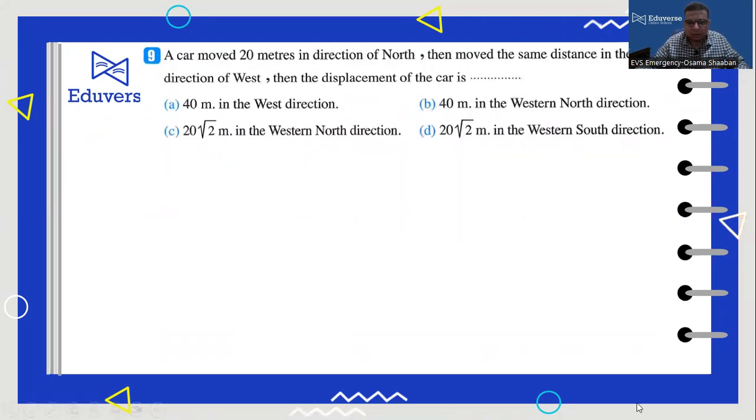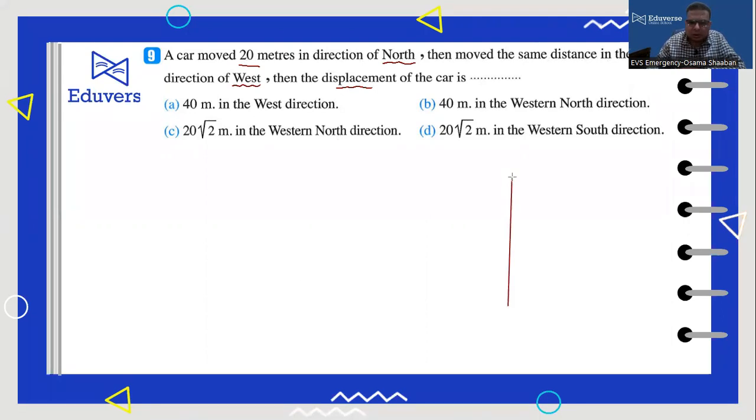Another question, number 9. This question is for reading only. A car moved 20 meters in the direction of north, then moved the same distance in the direction of west. North, then west. Find the displacement.